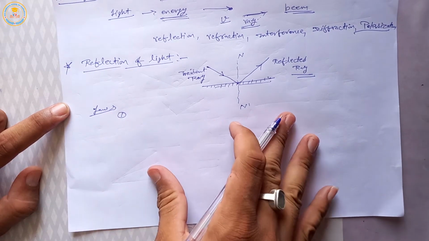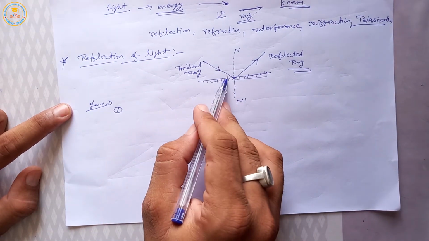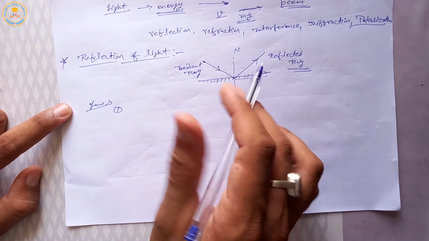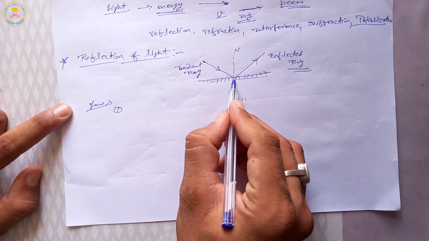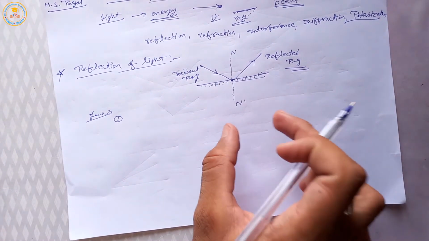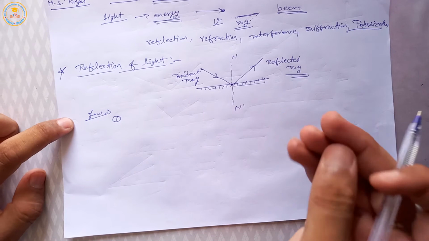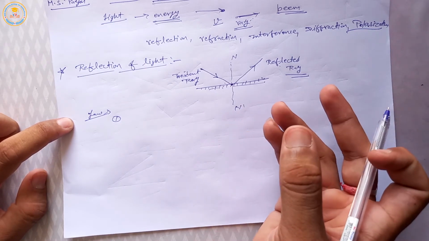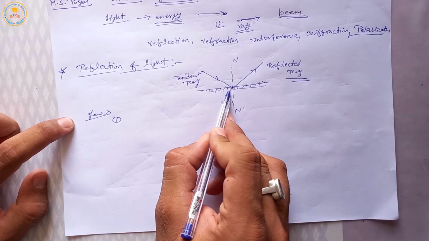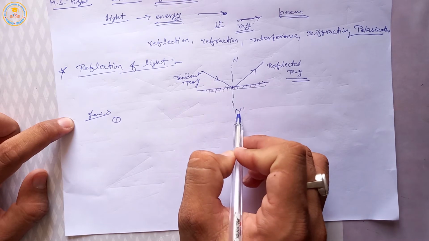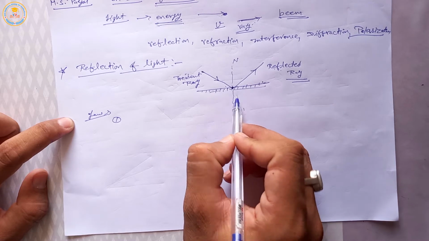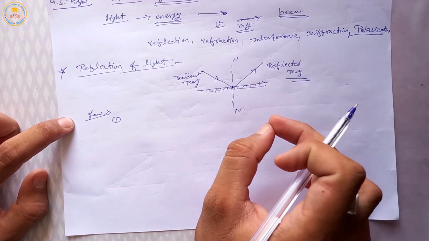First, the incident ray, the reflected ray, and the normal at the point of incidence all lie in the same plane. Suppose the xy plane, yz, and zx.